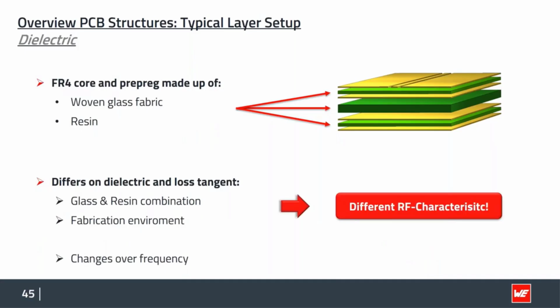What needs to be taken into consideration is, on the one side, that if you have a layer stack of a PCB with all the different layers laminated to each other, you have a pre-preg.